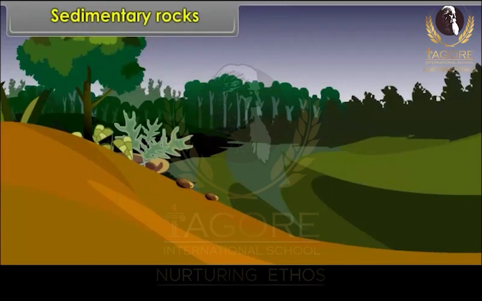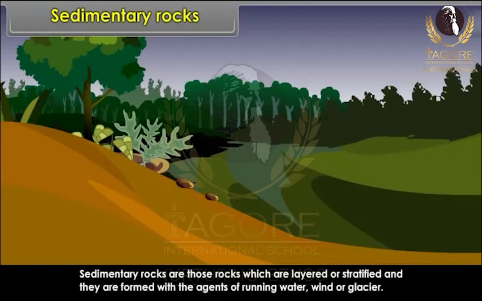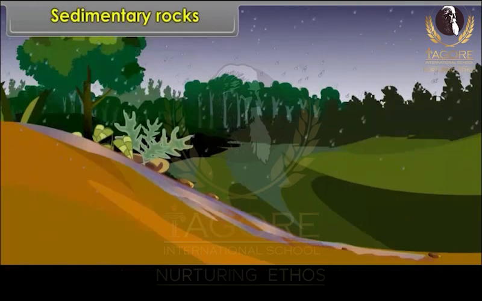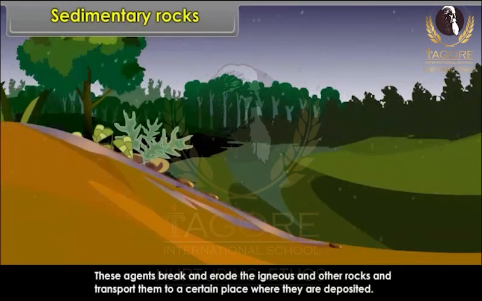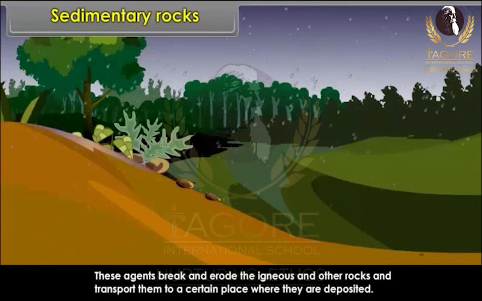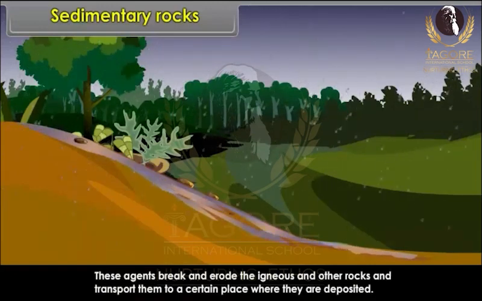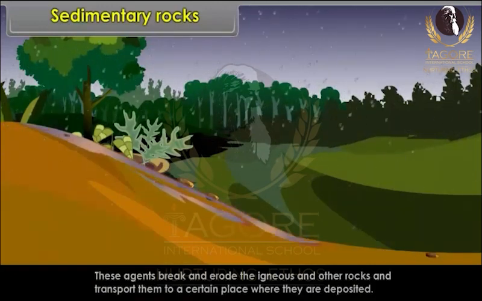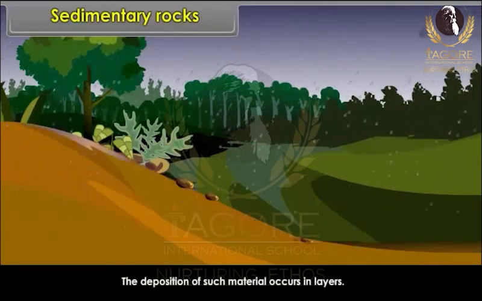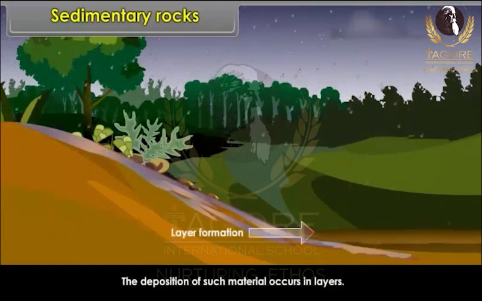Sedimentary rocks. Sedimentary rocks are those rocks which are layered or stratified, and they are formed with the agents of running water, wind or glacier. These agents break and erode the igneous and other rocks and transport them to a certain place where they are deposited. The deposition of such material occurs in layers.